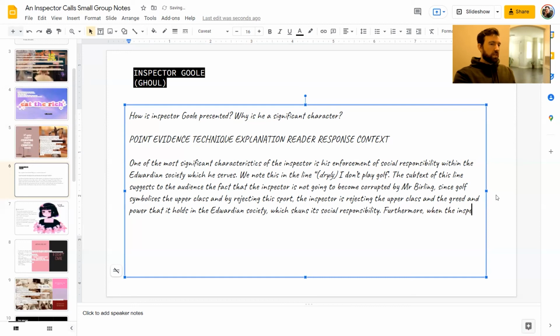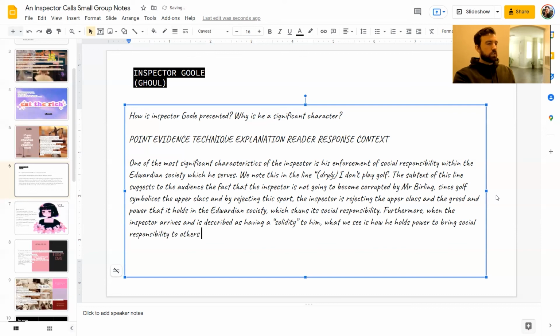Furthermore, when the inspector arrives and is described as having a, quote, "solidity" to him, what we see is how he holds power to bring social responsibility to others, since his viewpoint of the world seems to represent the truth in a way that none of the other characters do.